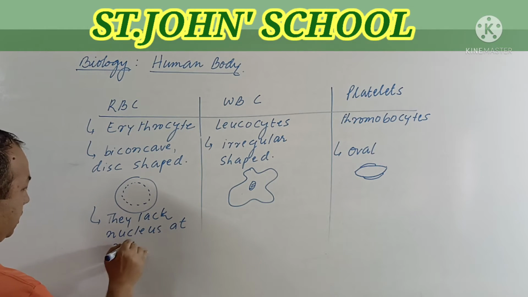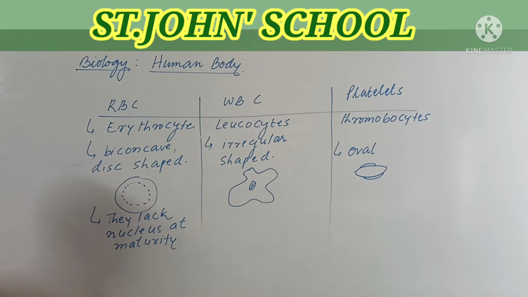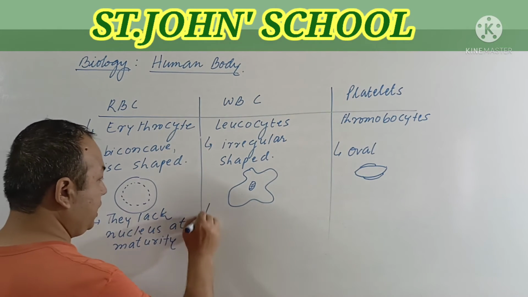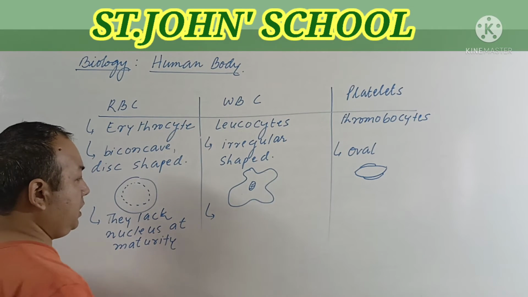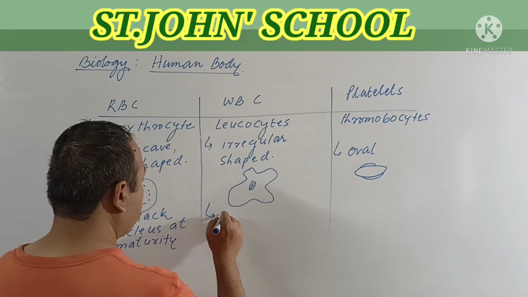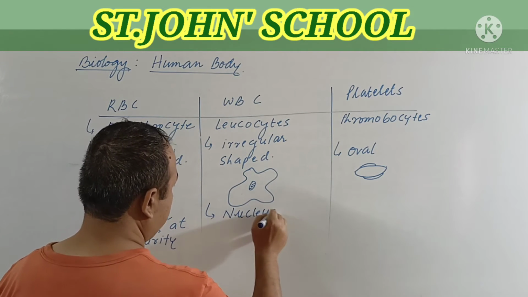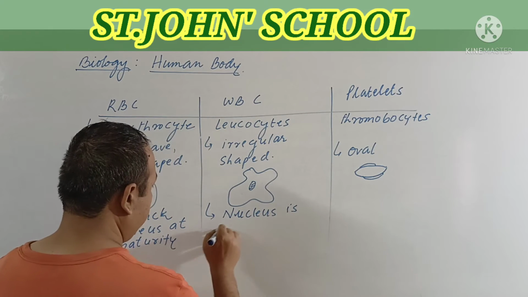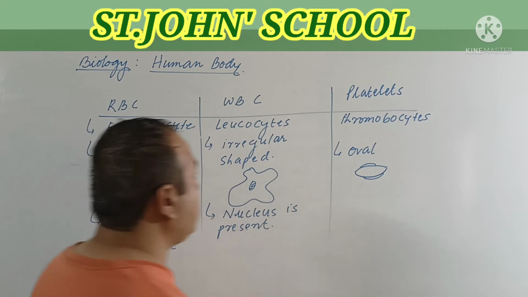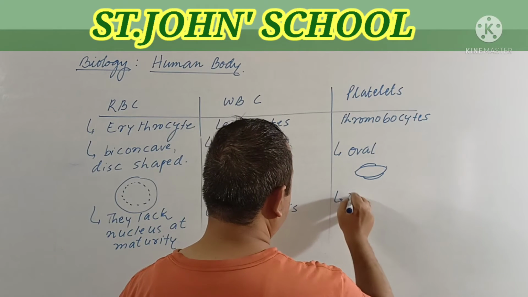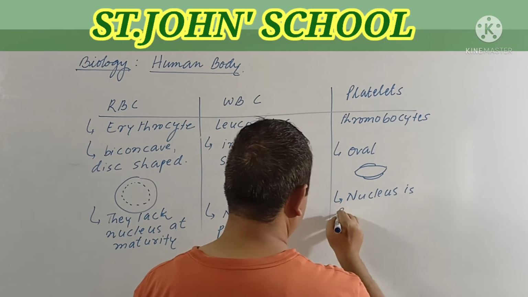When they were young, they possessed a nucleus. Nucleus is always present in WBC. Then in case of platelets, the nucleus is absent.